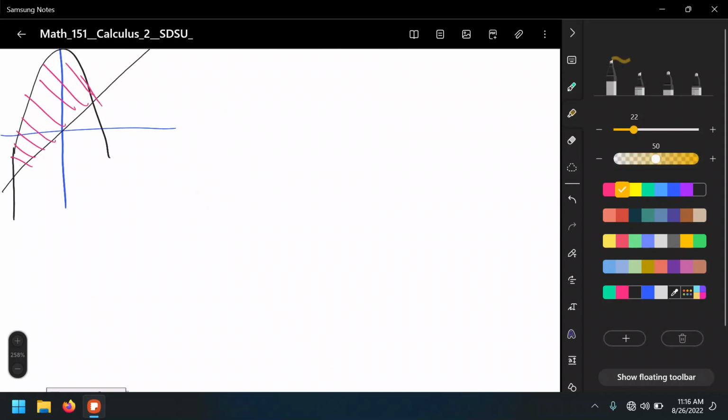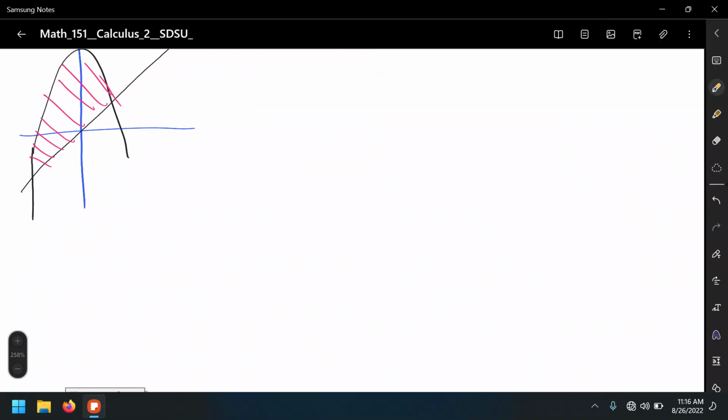So the points of intersection: x equals 6 minus x squared.